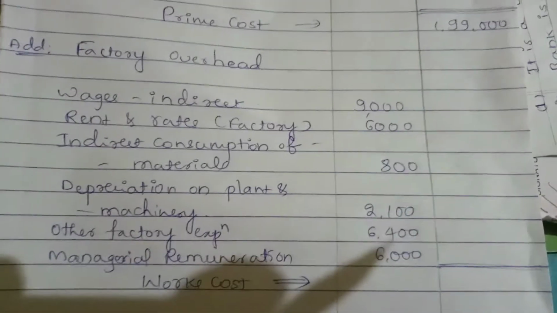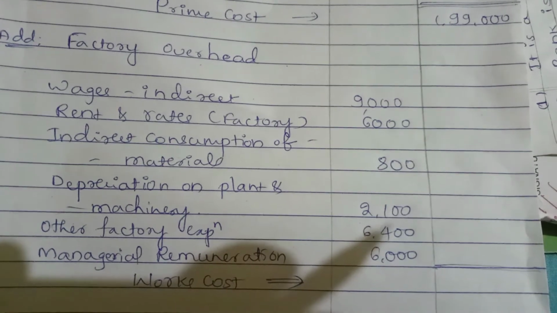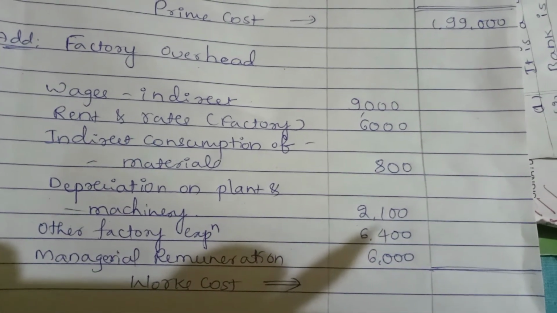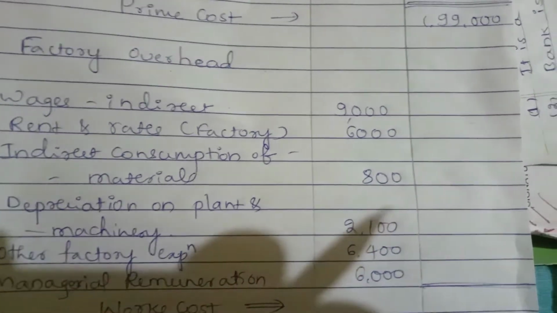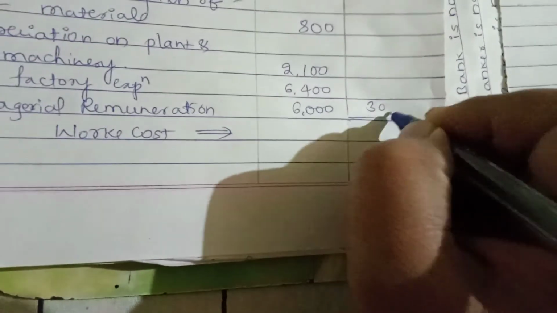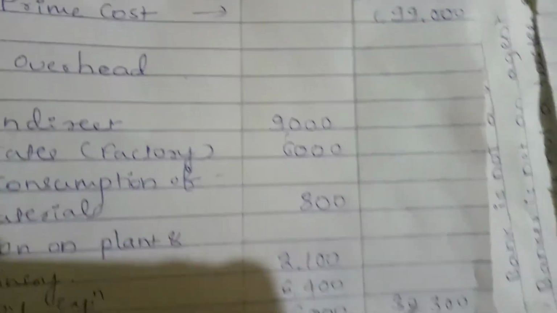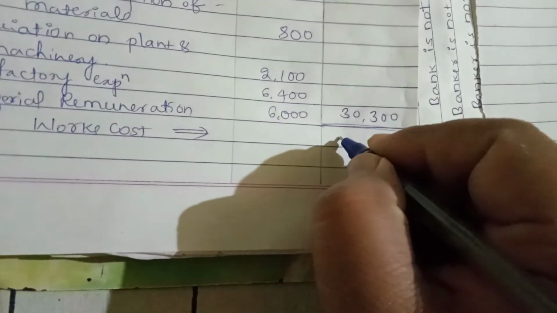Now take the inner column total of the factory overhead: 9,000, 6,000, 800, 2,100, 6,400 and 6,000. It gives us 30,300. So here I will write 30,300 and add 30,300 plus 1,99,000. It gives us works cost amounted to rupees 2,29,300.